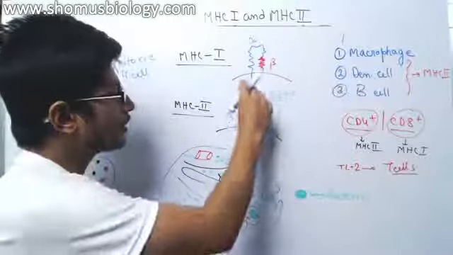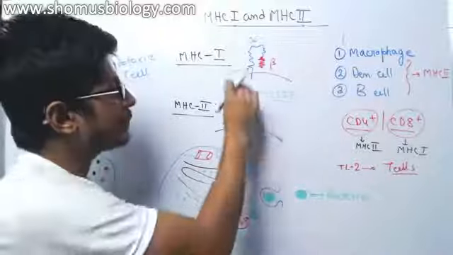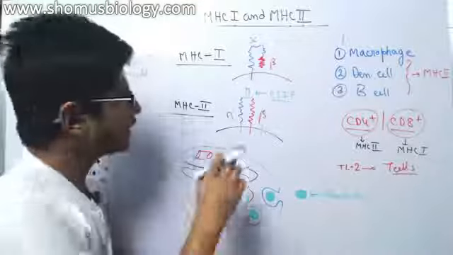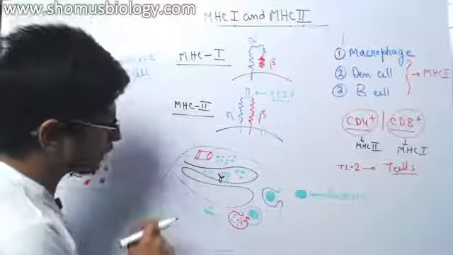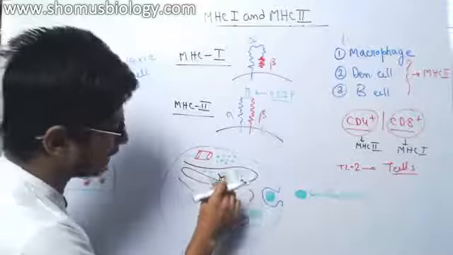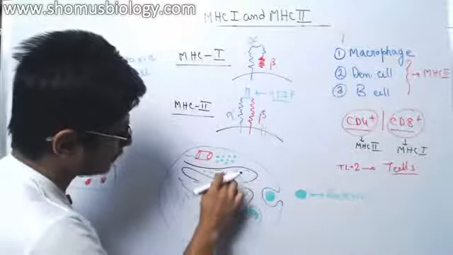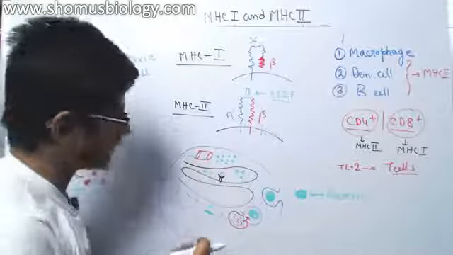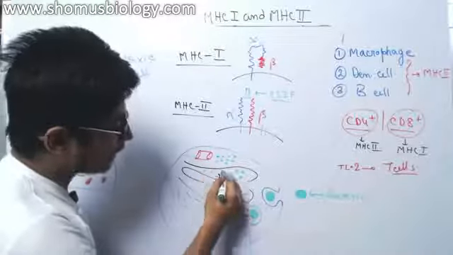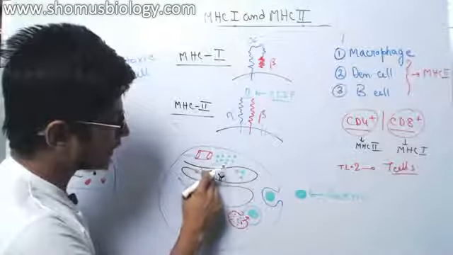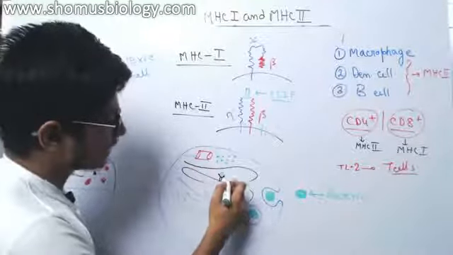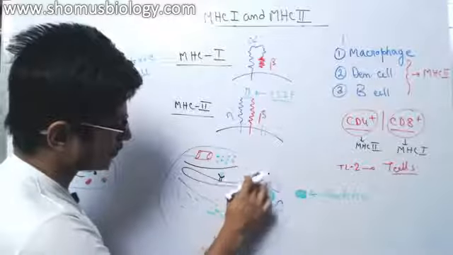Okay, the portion of the invariant chain peptide still present in the antigen binding site of MHC2. Now what happens actually, once this fragment is ready, the CLIP is present, and this CLIP-containing MHC class 2 is then released out.